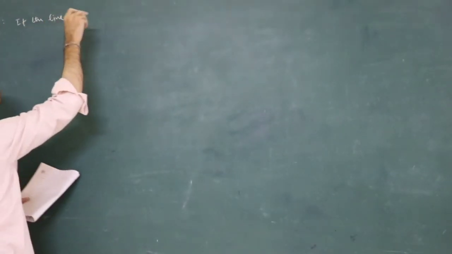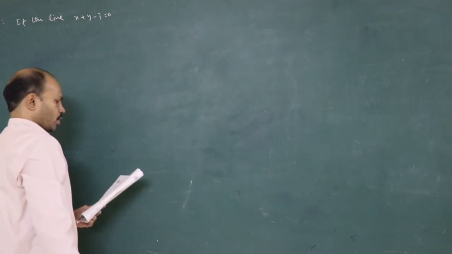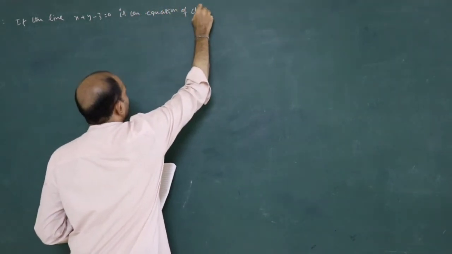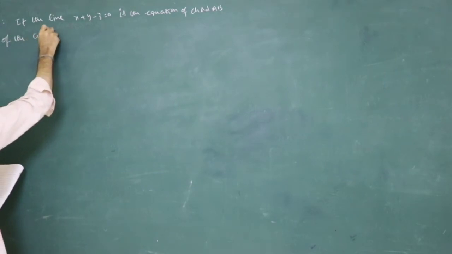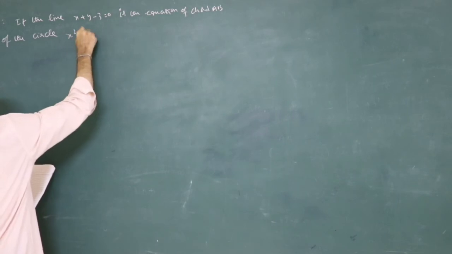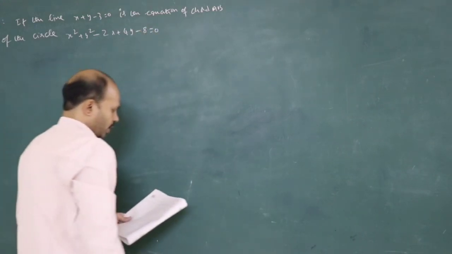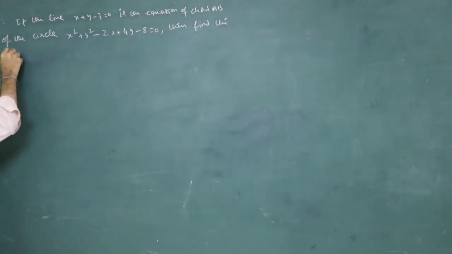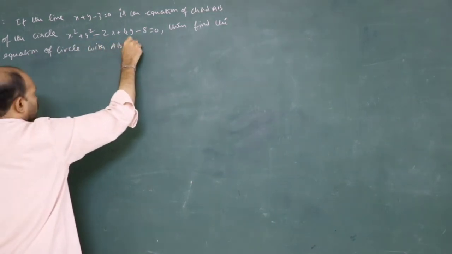If the line x plus y minus 3 is equal to 0 is the equation of chord AB of the circle x square plus y square minus 2x plus 4y minus 8 is equal to 0, then find the equation of circle with AB as diameter.